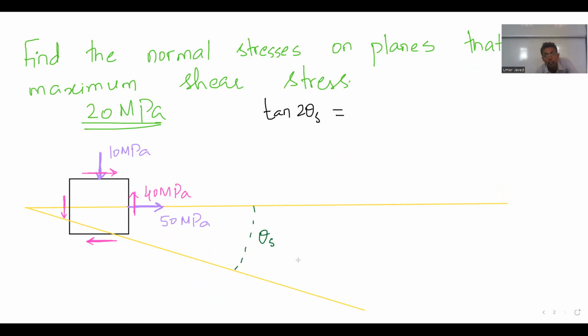So now I will draw the same square one more time. So this value is 20 megapascals. This is again 20 megapascals, as you all told me.